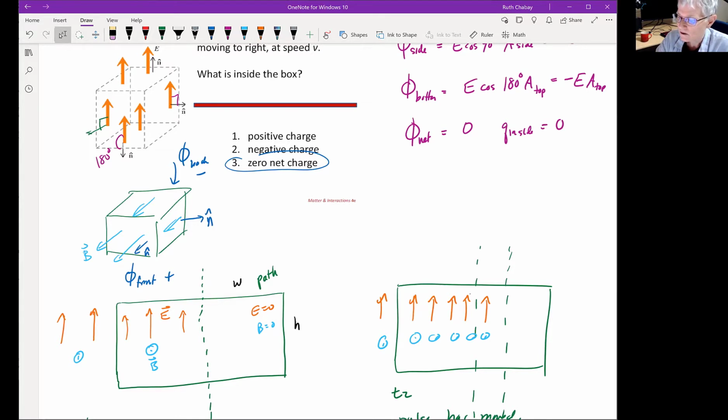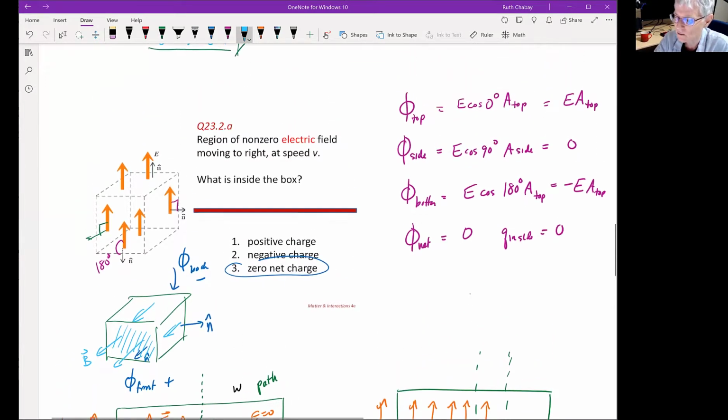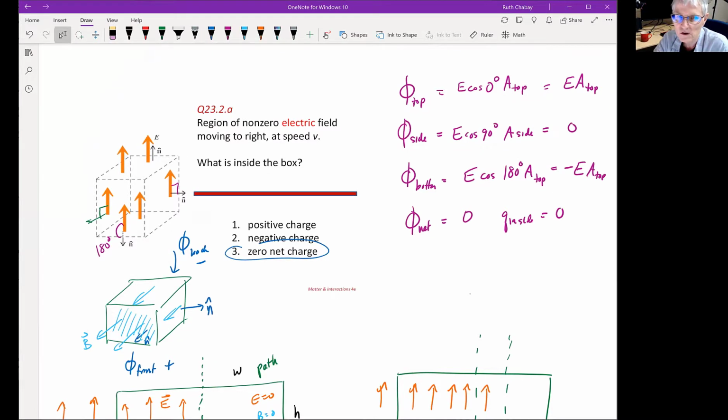Notice that there is magnetic flux on the front surface. There's non-zero magnetic flux on this front surface here. It's just that it's positive on the front and negative on the back. And so there's non-zero magnetic flux on both of those surfaces, but it adds up to 0. It's exactly the same argument as Gauss's law in a situation where there's 0 charge here.